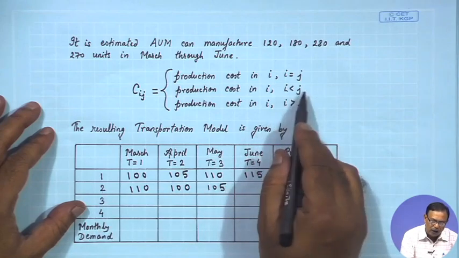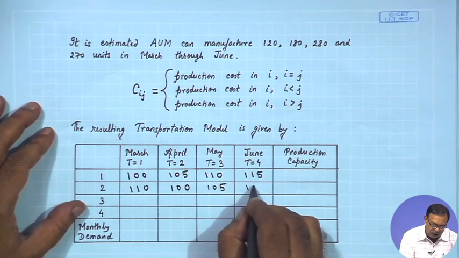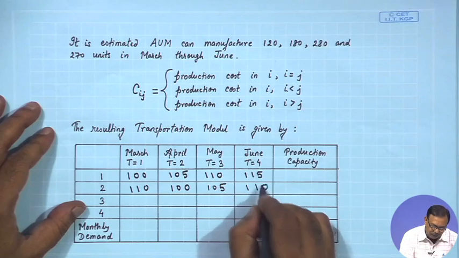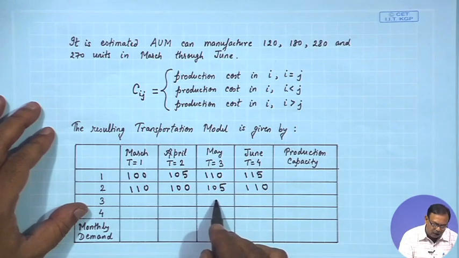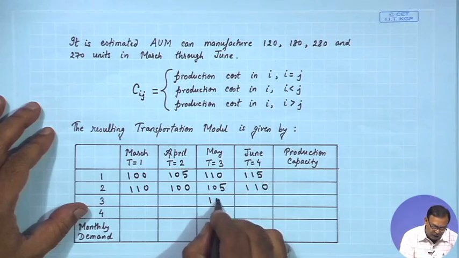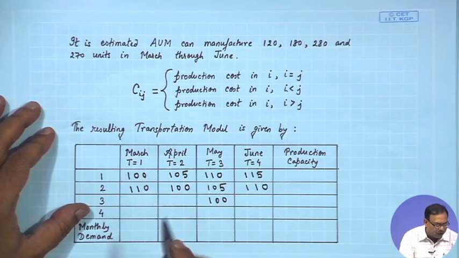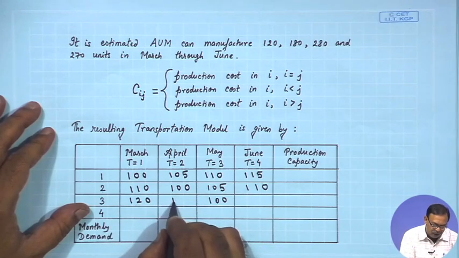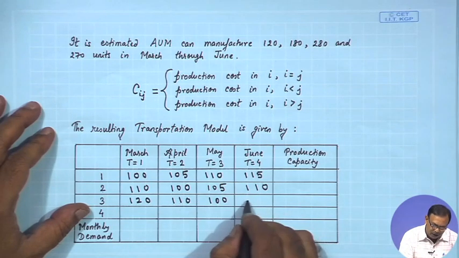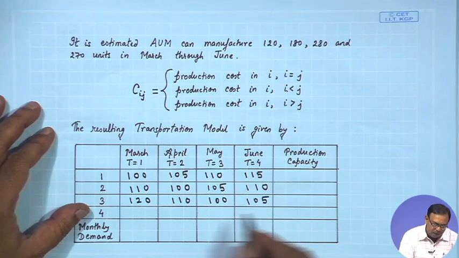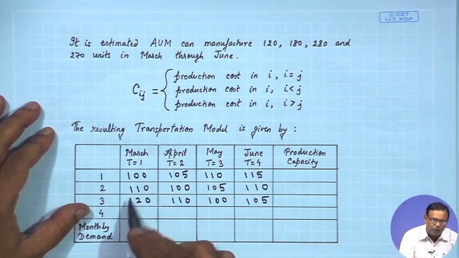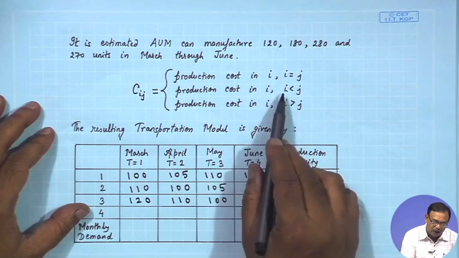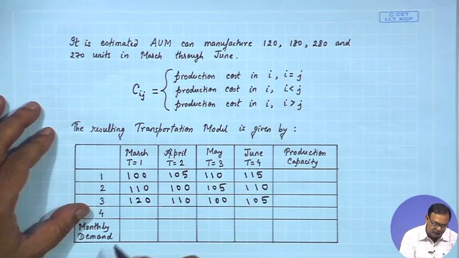Again 2 4, i is less than j, so it will be 110. For the third row and third column, this value will be 100. Whenever 3 is greater than 1, this will be the highest penalty, 120, 110, 100 and this will be 105. You cannot produce and supply this, since i is greater than j in this case.